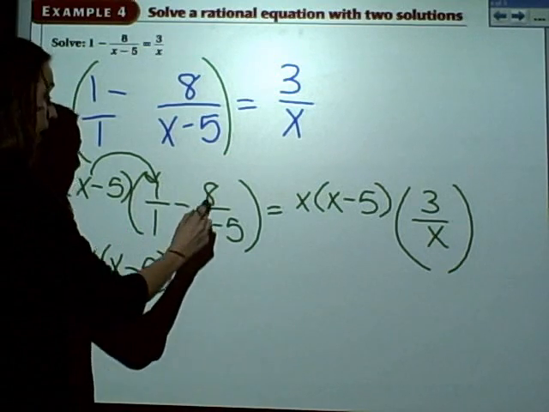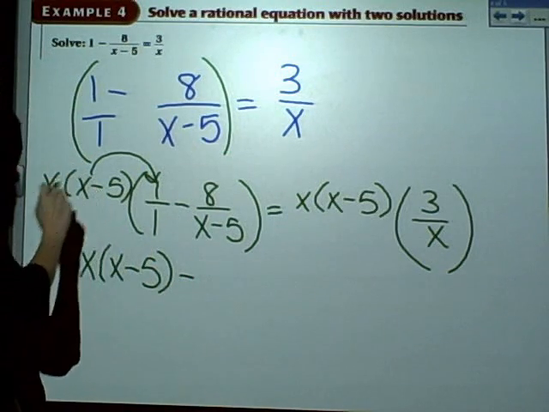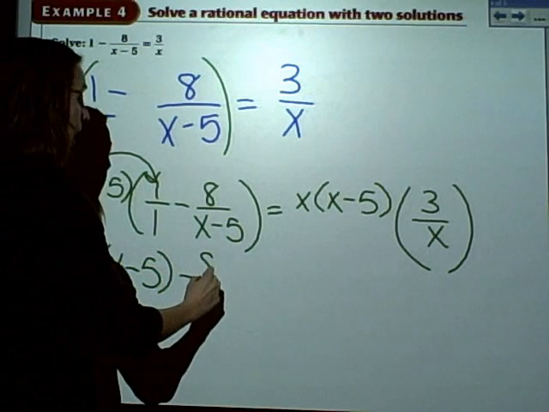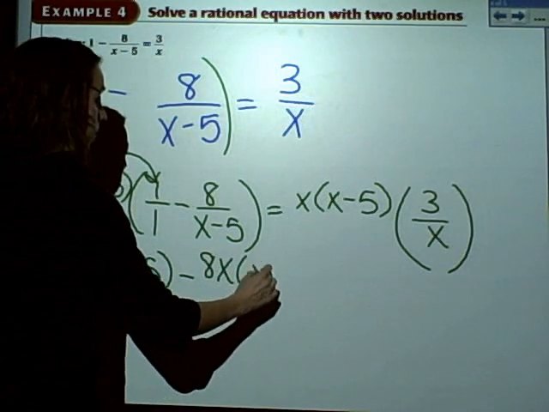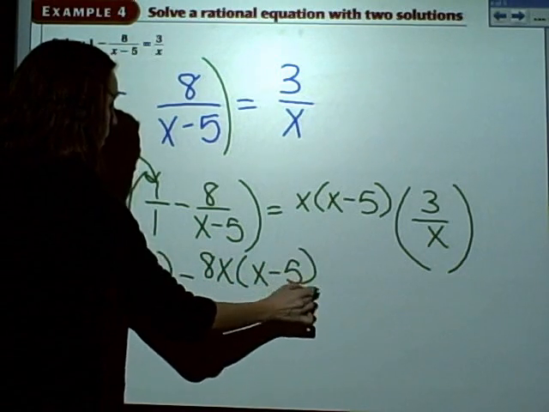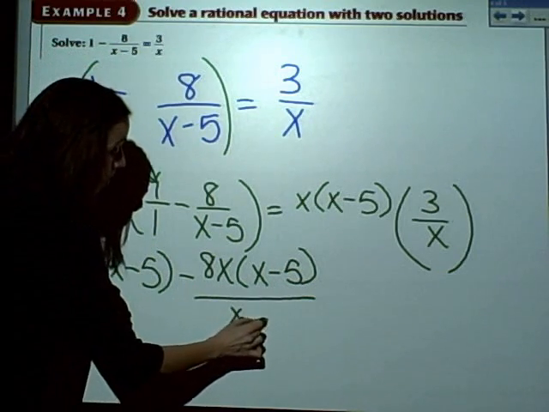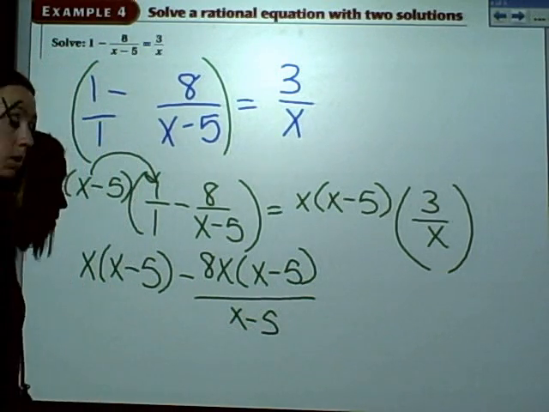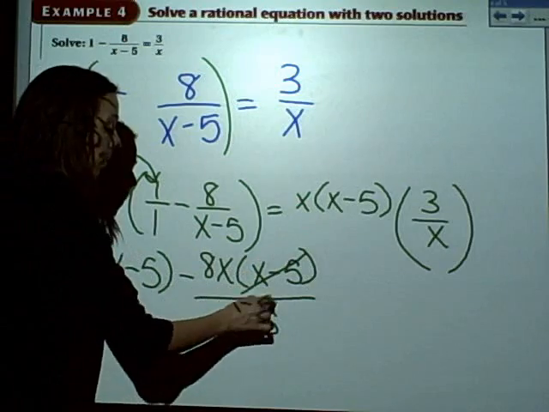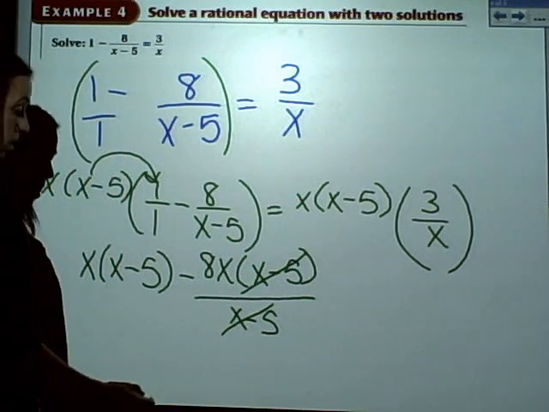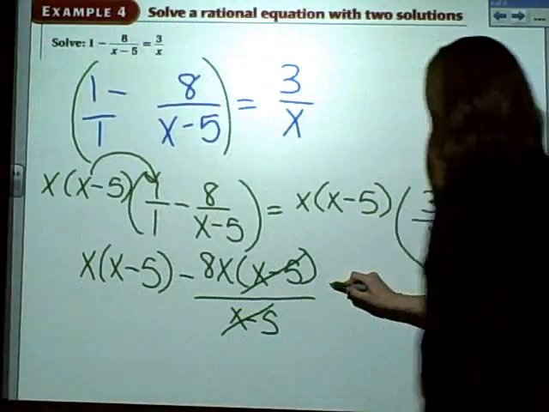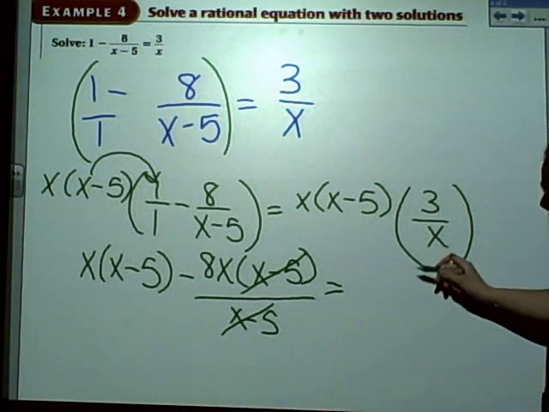I'll have 8 times x minus 5, so that's going to be 8x times x minus 5, and that is over another x minus 5. So what's going to happen there? Those are the same. They cancel. Okay?